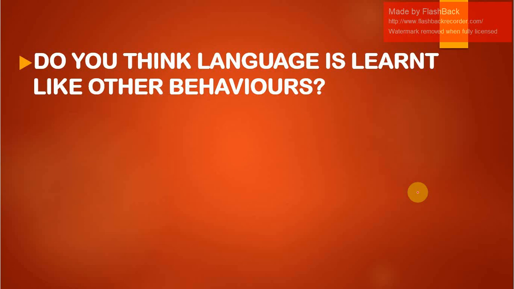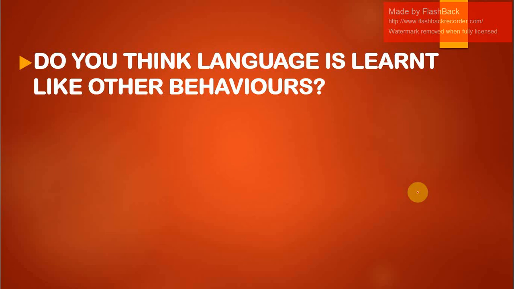What are the behaviors? Like how to sit, how to shake hands, how to smile. Just take the example of a small child, how he learns different behaviors. So do you think that language is also part of behavior and learned like other behaviors as well? Like writing is a form of behavior, and a young child is taught to write, is taught to speak.